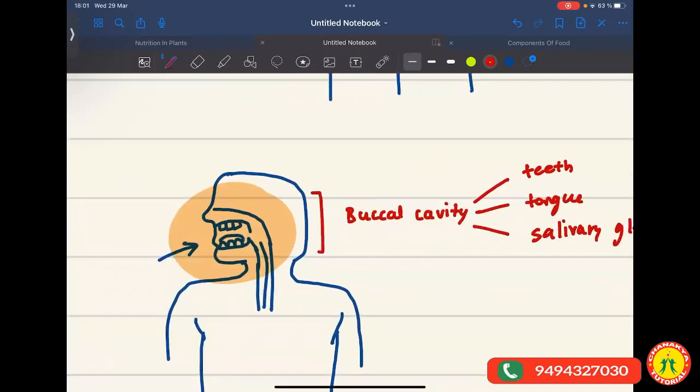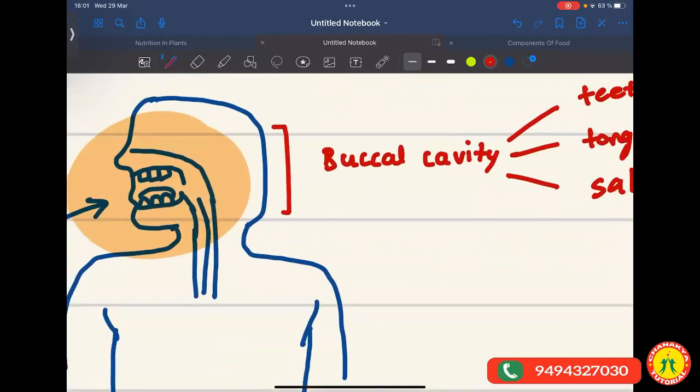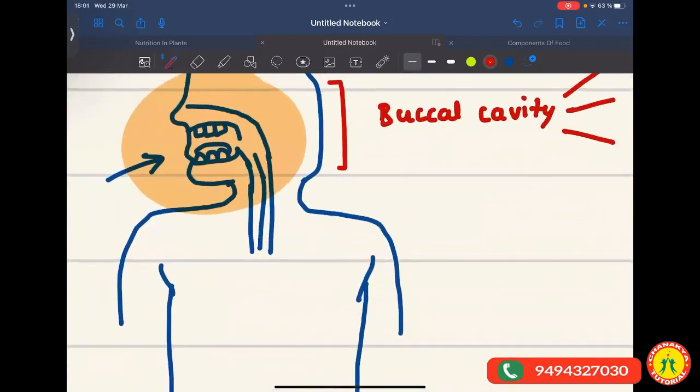So what happens first? Once the food gets inside your mouth, the salivary gland secretes saliva, which mixes with your food, and your teeth break down the food into simpler substances, and it makes it into a ball. This ball involves your food.